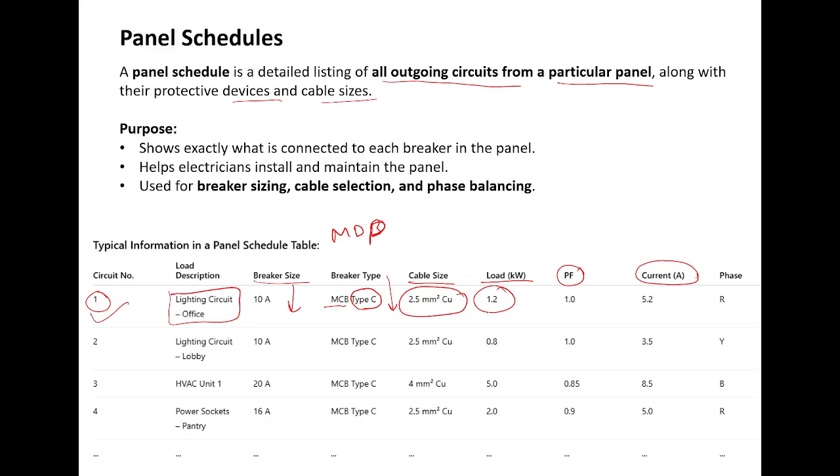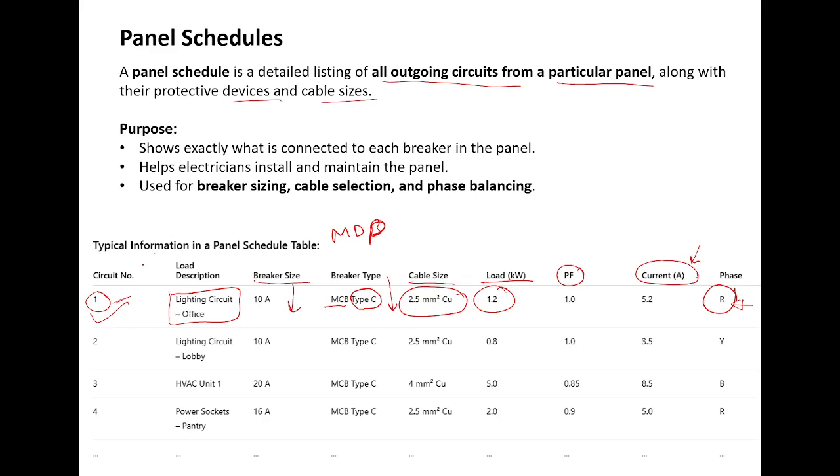We'll discuss in coming slides how to calculate the load current. Then the phase: I am connecting circuit one on the R phase. This is the information you can see on my panel schedules.